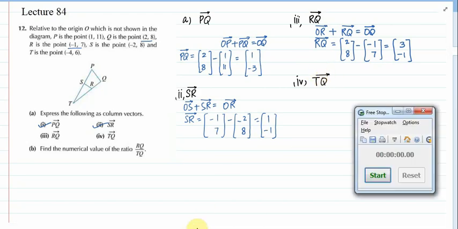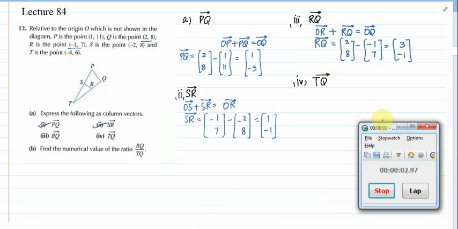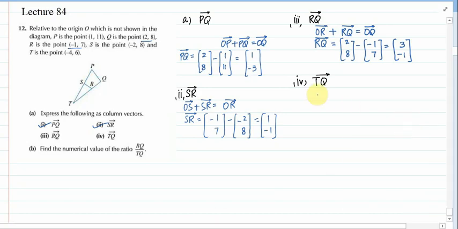First, you need to do it by yourself. Start. Alright, so it will be the same: OT plus TQ is equal to OQ.